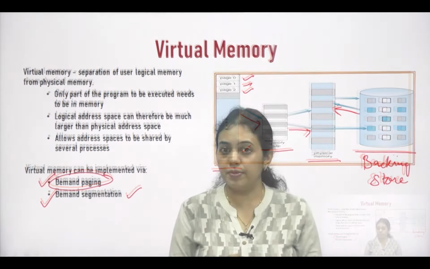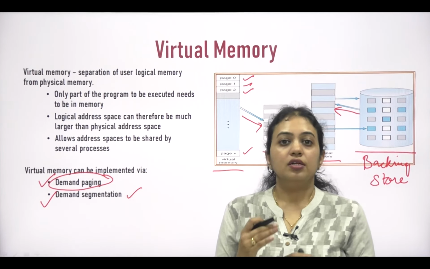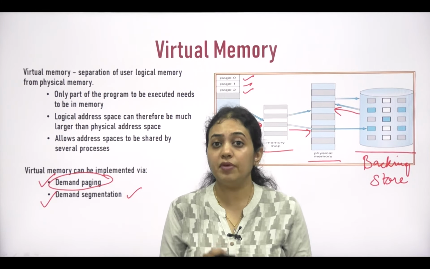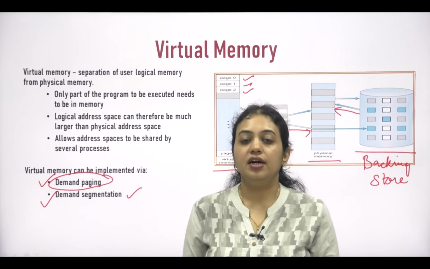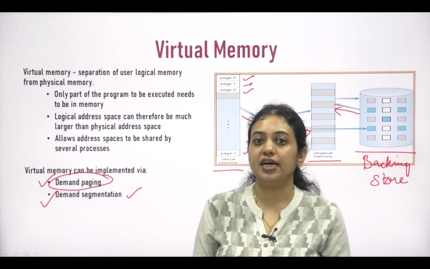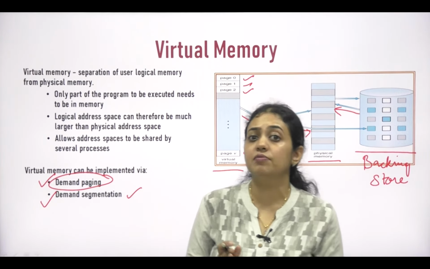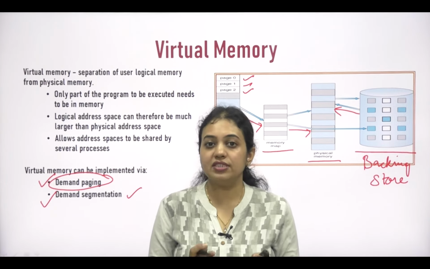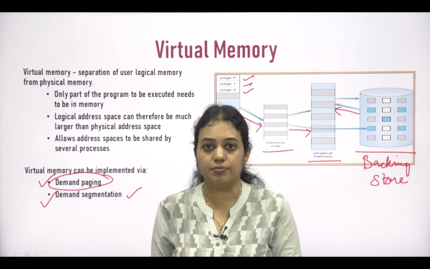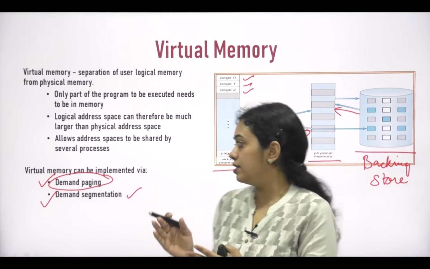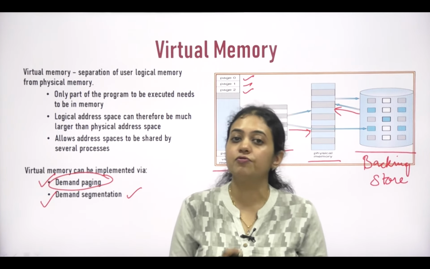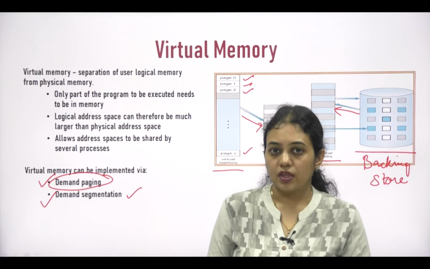But in segmentation, the segments are of variable sizes depending upon the requirement. Suppose there is a data section that is very large, then we have a big segment. Suppose we have a segment that has only the declaration part, that will be a small segment. So, segmentation is where we have blocks of variable size.